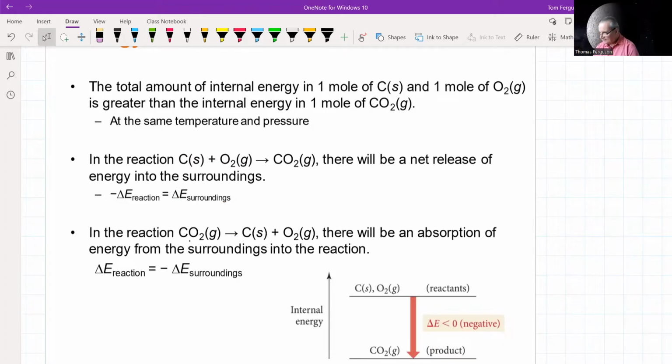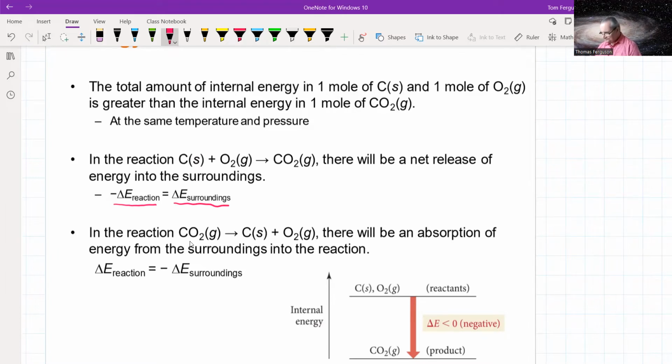So if we look at the creation of carbon dioxide as an example, the negative of the change in the reaction equals the change to the surroundings. In other words, if something happens internally within that chemical reaction, it's reflected in the environment in an opposite way.